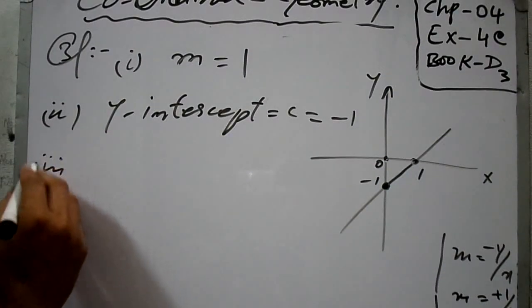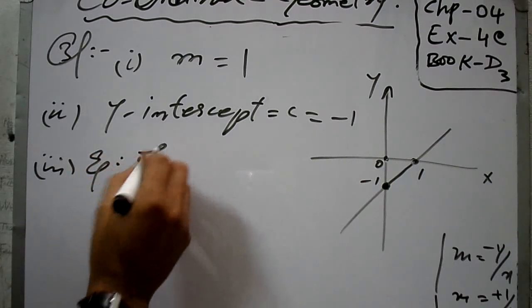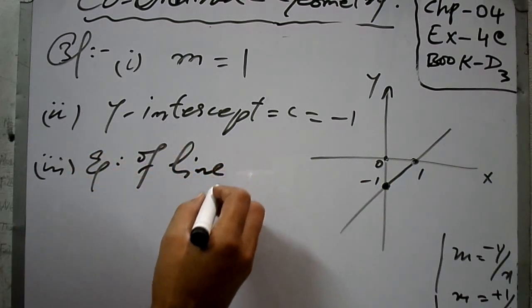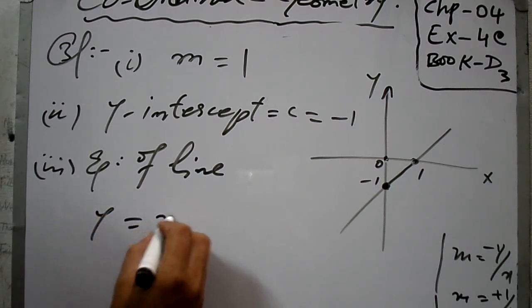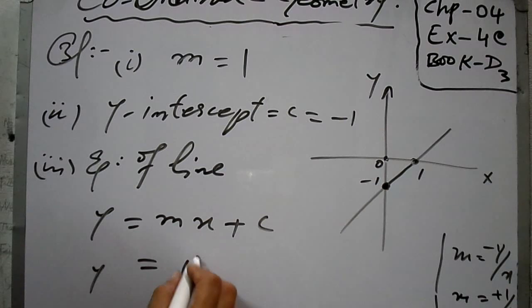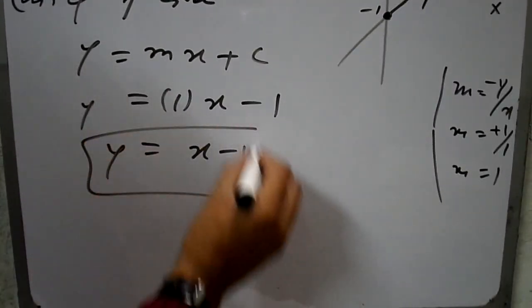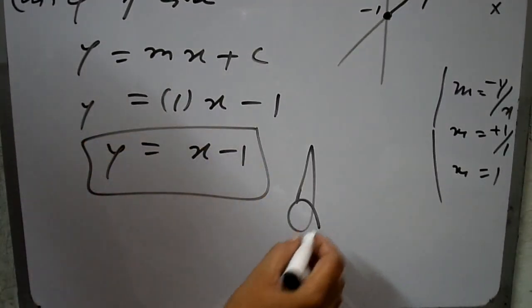And the third one is the equation of the line. The equation of the line is y = mx + c. Putting in the values, the slope is 1 and c is -1, so you can write y = x - 1. So the equation of the line is this one.